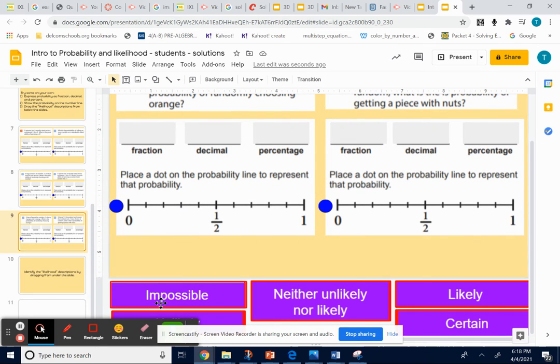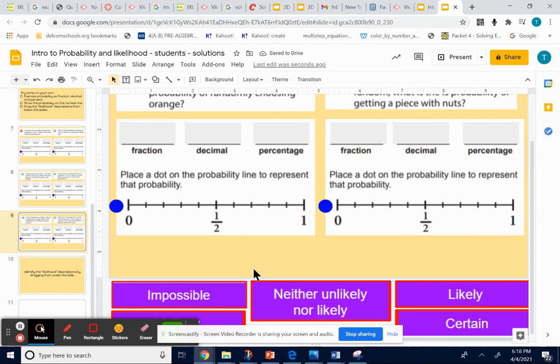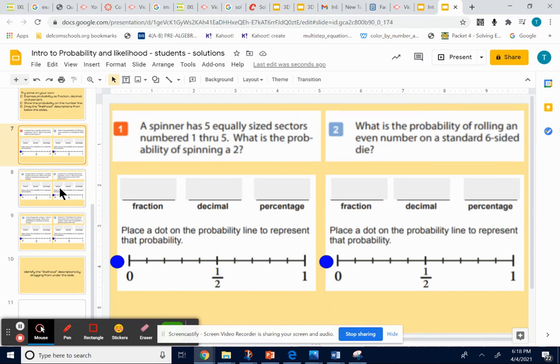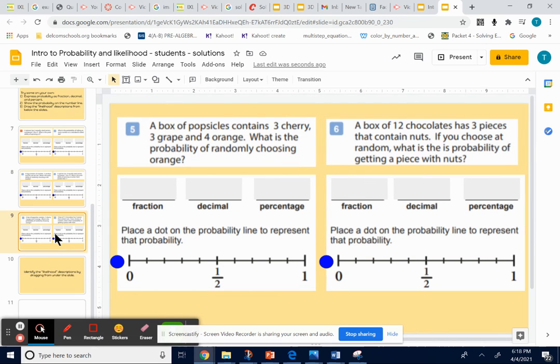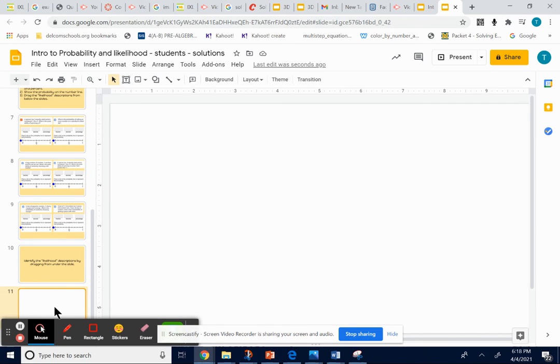Then underneath, you want to drag up: are these impossible? Are they possible? Are they neither? Are they certain? Or impossible? So there's some of those. There's slides for 7, 8, and 9. And then there's a few more at the end.